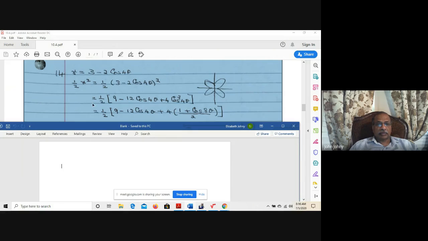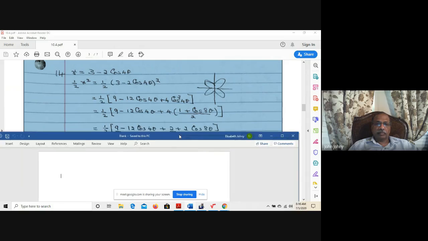Apply the power reducing formula. Cos square theta is 1 plus cos 2 theta over 2, so the angle must be doubled. Here it is 4 theta, so it becomes 8 theta. So 4 times 1 plus cos 8 theta divided by 2.